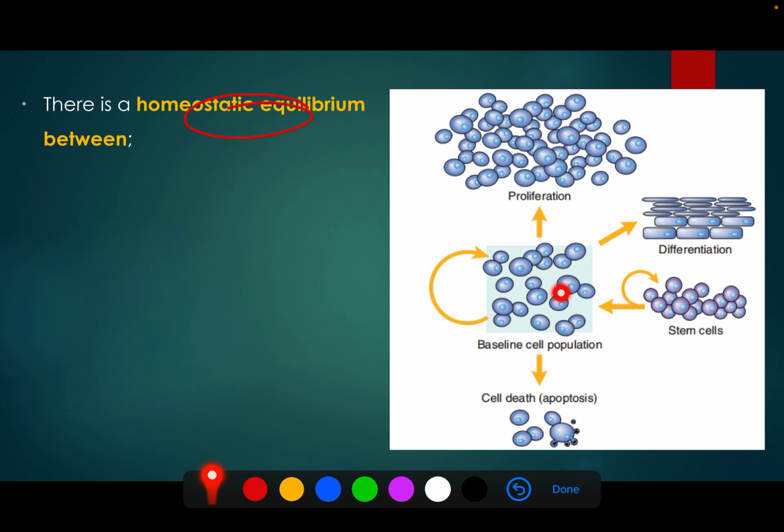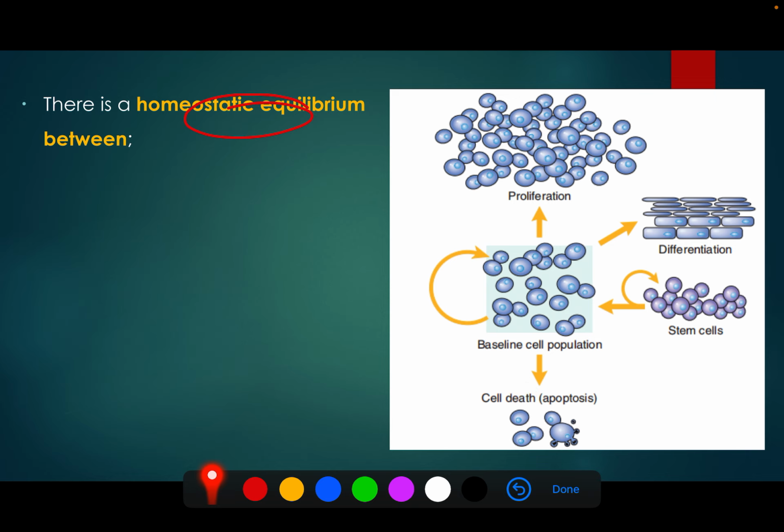Another one, it divides into another daughter cell, and this daughter cell proliferates in numbers. However many cells have died, it will replace the same number of cells. That's why the number of proliferations, the number of self-renewing stem cells, the number of differentiated cells, and the number of cell deaths will always remain equal.